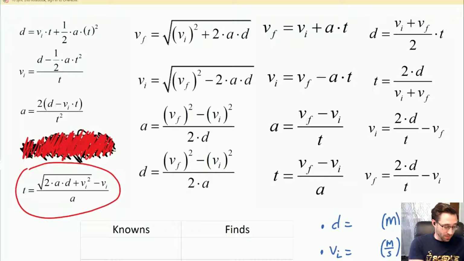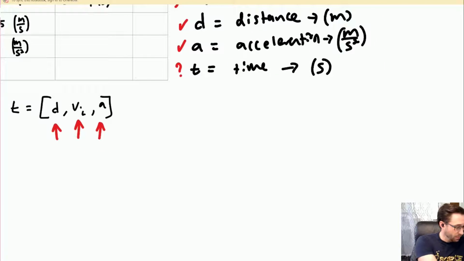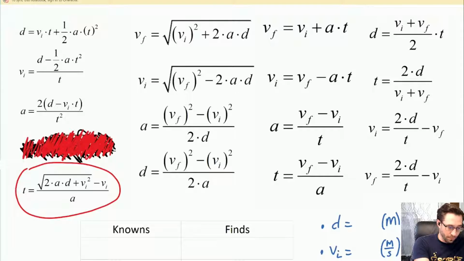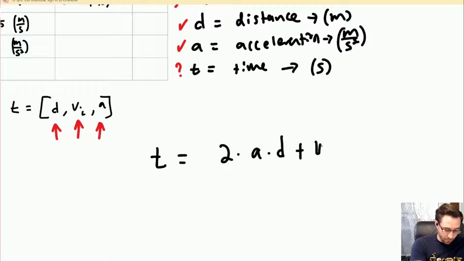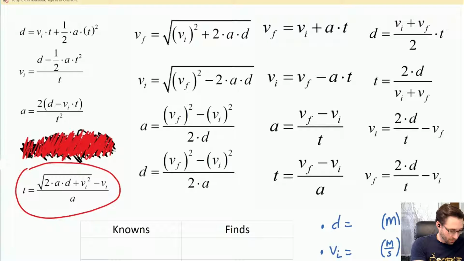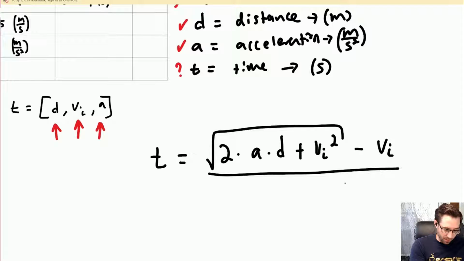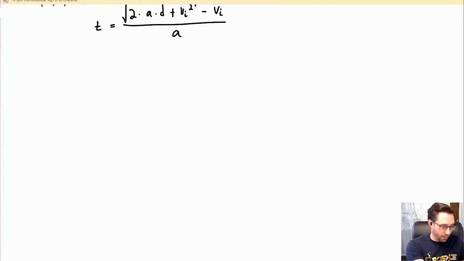Okay, so this is the equation that we're going to use. So it's time equals all that's divided by A. Just to make sure I did it right.